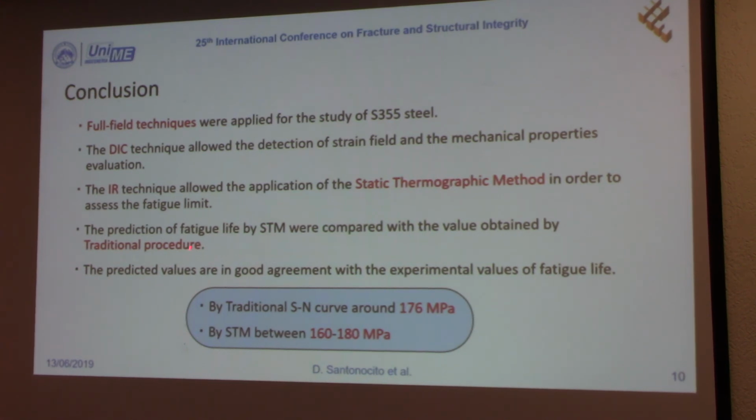And the prediction by means of the static thermographic method compared with the traditional procedure gives us values that are in good agreement. As a summary, I report the values. And so the static thermographic method is a valid help in order to rapidly assess the fatigue properties of the materials.